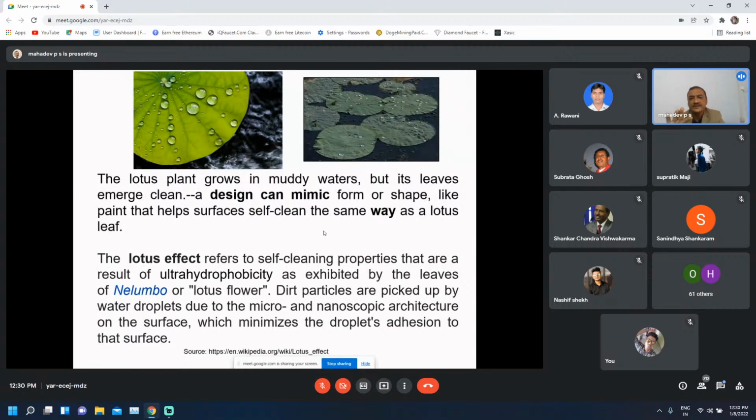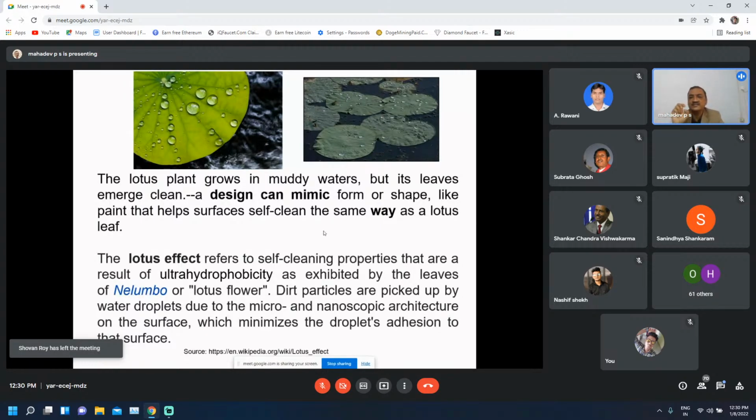This is copied so that the self-cleaning property of the paint is obtained when it is applied on a wall. What is this lotus effect? It refers to self-cleaning properties that are a result of a process called ultra-hydrophobicity, as exhibited by the leaves of Nelumbo, the scientific name of the lotus flower.